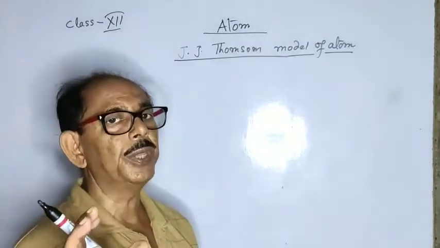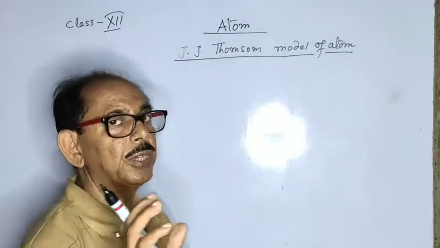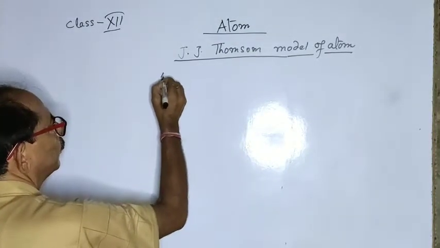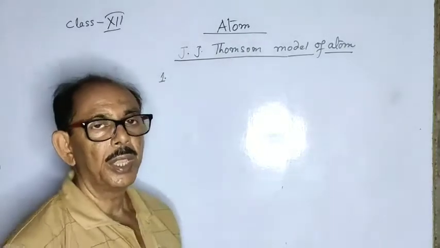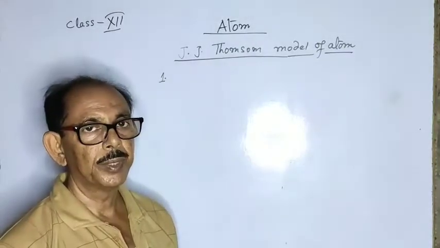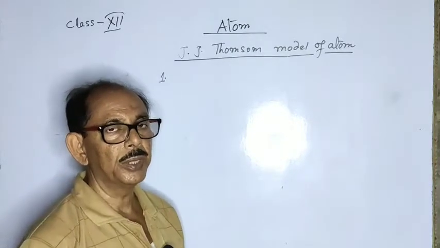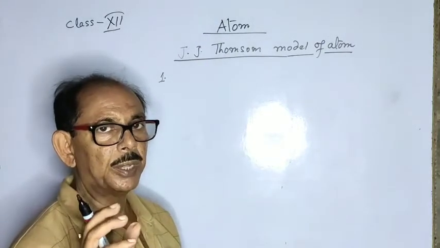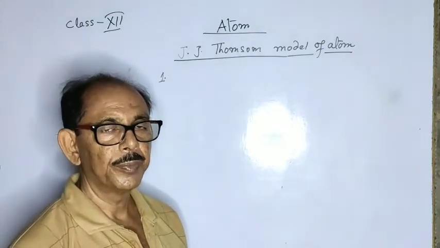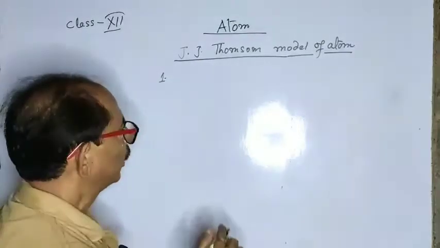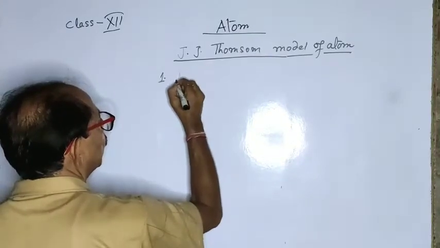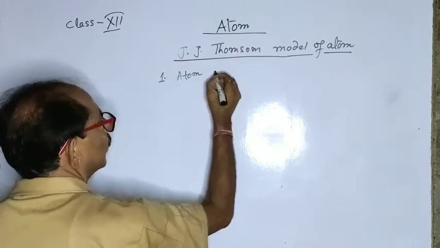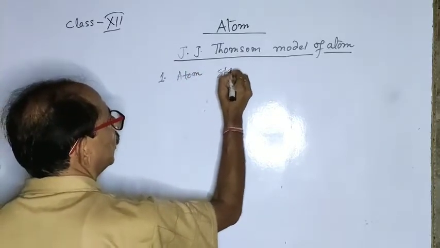What are the basic features of the J.J. Thomson model of atom? The first basic feature: according to J.J. Thomson, the atom is spherical in shape.